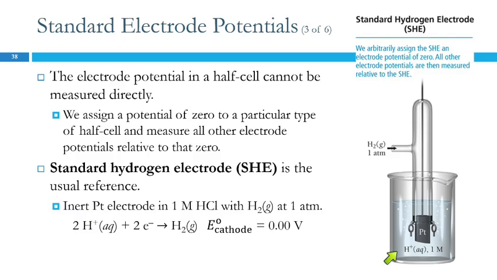But hydrogen ions, no problem. 1 molar hydrogen ion solution. And then in this tube, we are pumping hydrogen gas. So there's 1 atmosphere of hydrogen gas in here. And we have the platinum electrode. So that is defined as 0. And everything else is measured relative to that. Any questions?